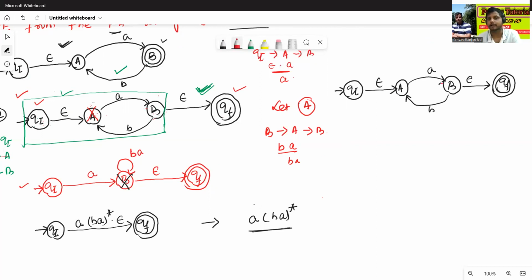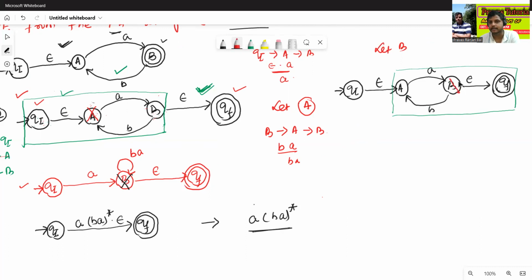Here we'll eliminate B. When I eliminate B, the path between A and QF will be disturbed.